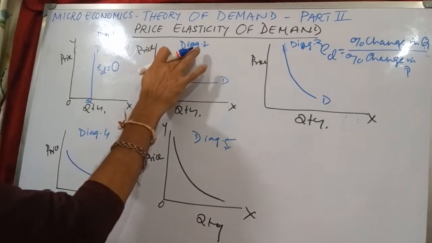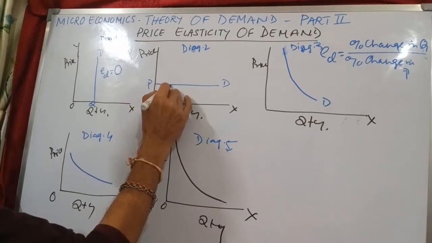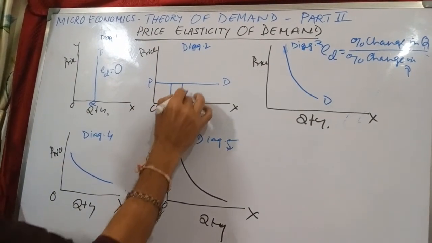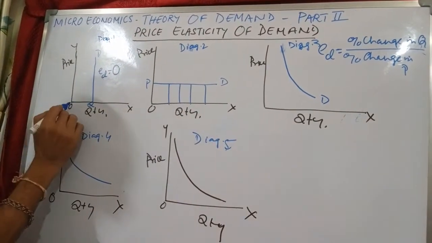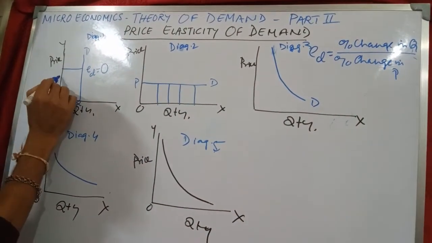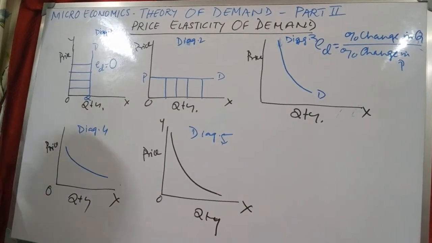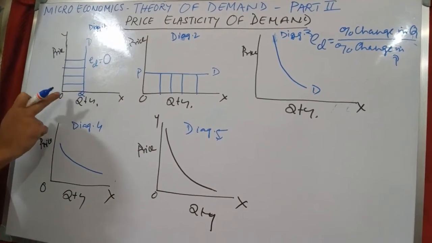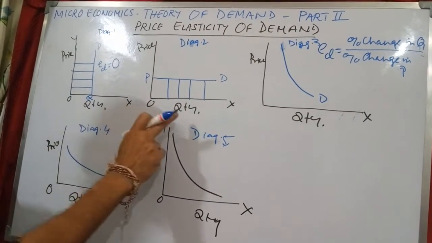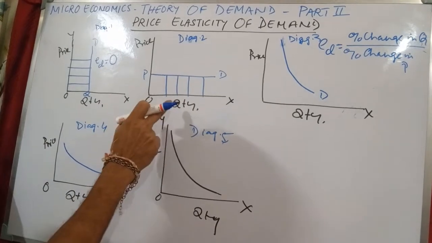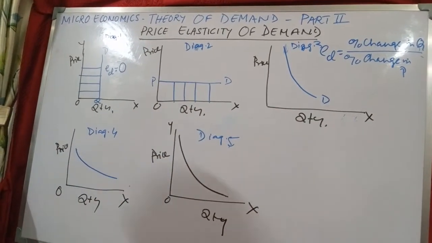Now come to diagram 2. You see, different quantities are demanded at same price. Here, same quantity was being demanded at different price. That means there is change in price but no change in quantity. Here we see quantity is changing, price is remaining same.